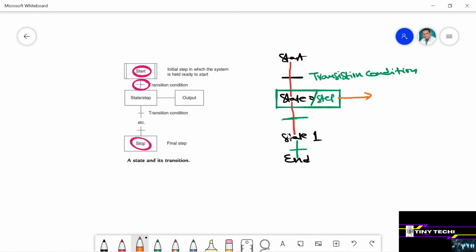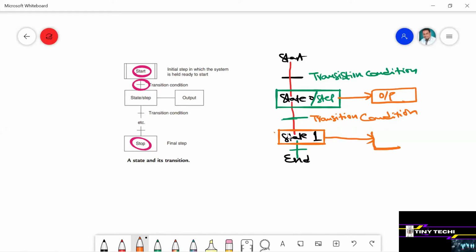As we discussed, in state 0 the red light will be on; the red light is the output. For state 1, before going to state 1, we have a transition condition. Based on the transition condition triggering, it comes to state 1. This state 1 has another output.